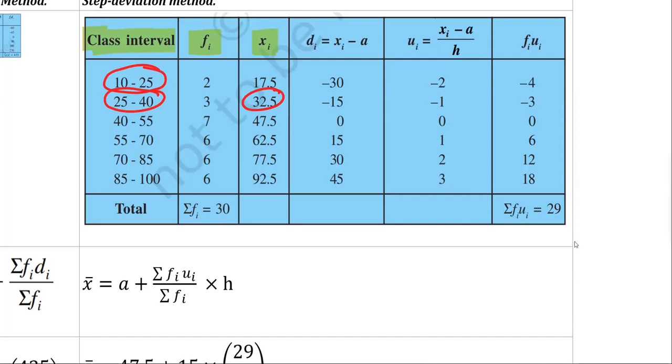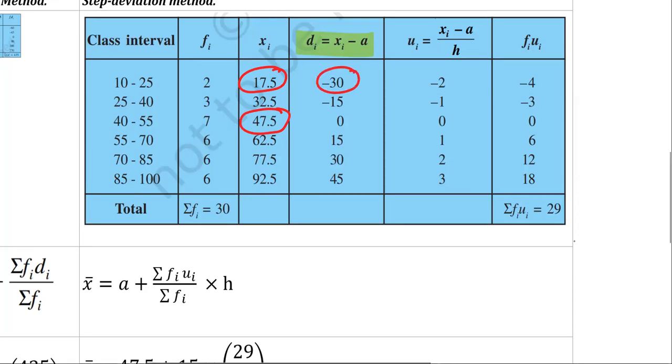Once we are done with this, the next step is finding the deviation, which we have done in the previous part also. It is xi minus A. A is the middlemost value here. So that means 17.5 minus 47.5 is this.